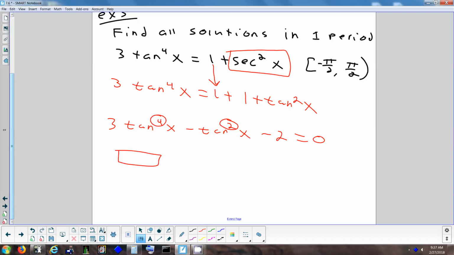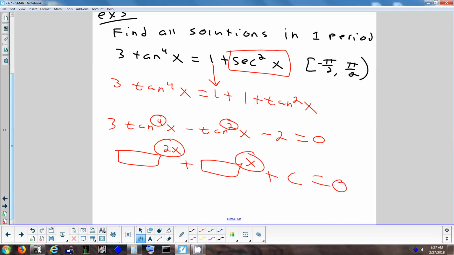Anything that looks like this, we'll call that something to the 2x plus something to the x plus a constant equals 0. You could put anything you want in those boxes, and it would be a quadratic equation. Okay? As long as this exponent is double that.